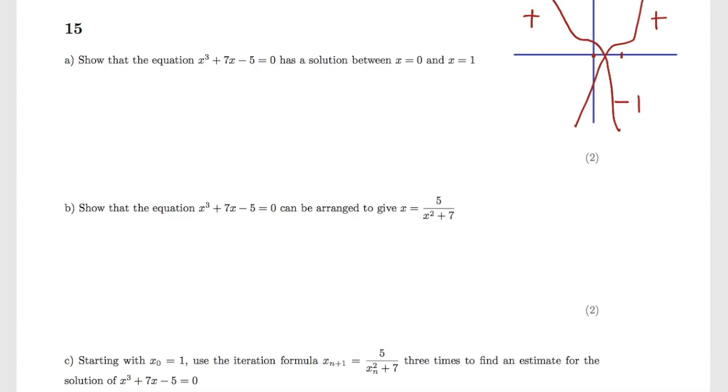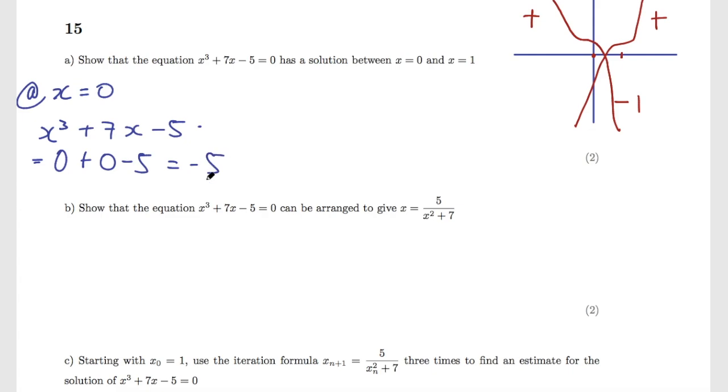So let's go ahead and work these out. So if we let x equals 0, at x equals 0, x cubed plus 7x minus 5 equals, plug that in, 0 plus 0 minus 5, that equals minus 5. So at x equals 0, this equation has a negative value.